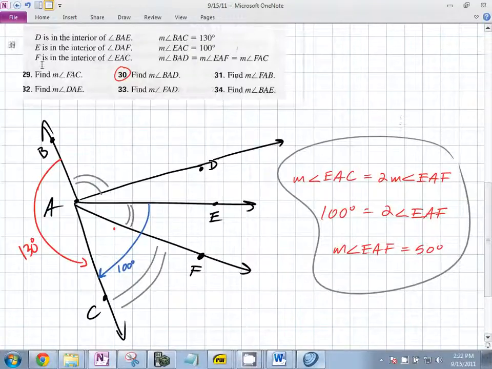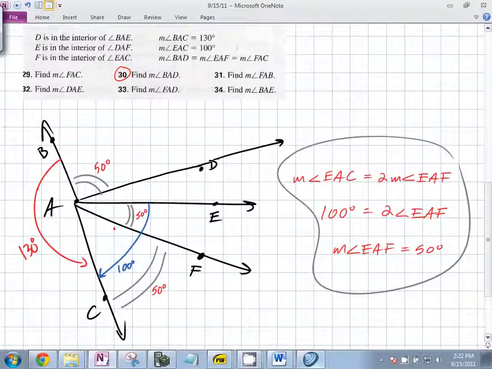Are all these things still true right here? Yeah, they are. We know that EAC is twice EAF because it's twice that one angle. So we know that this still is 50 degrees, and this is 50 degrees. So BAD is going to be 50 degrees.